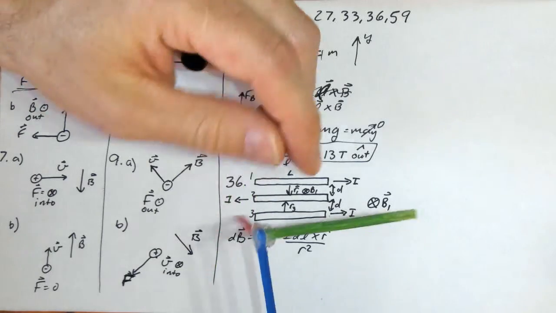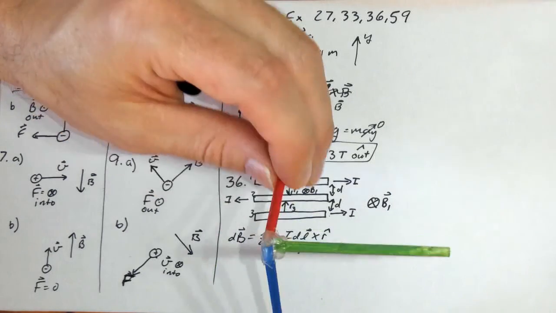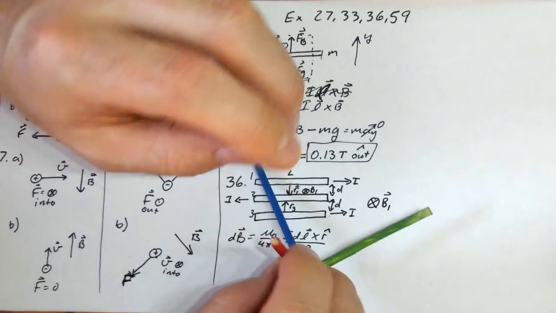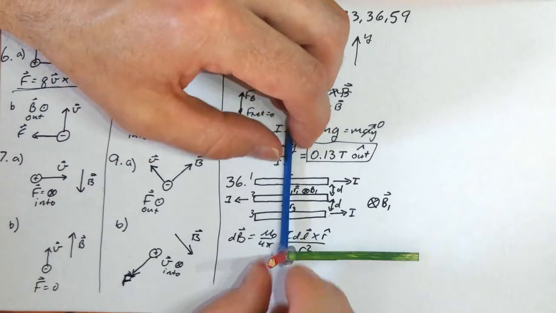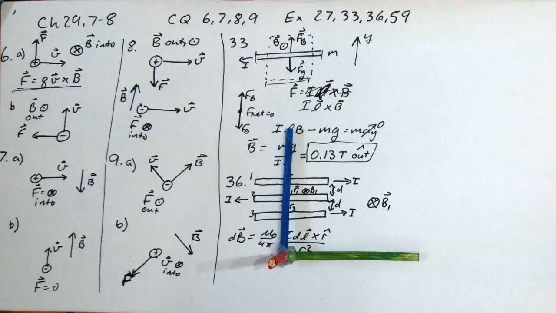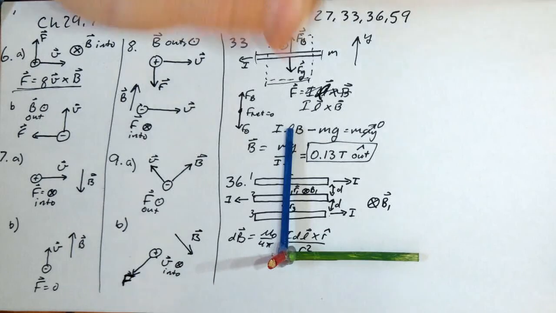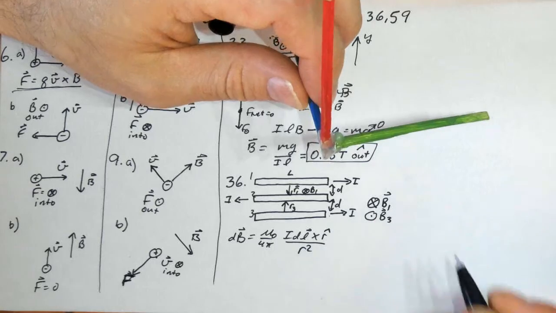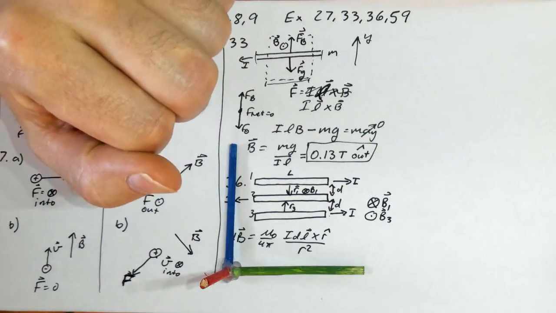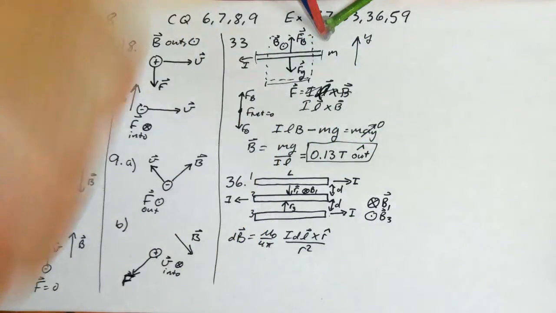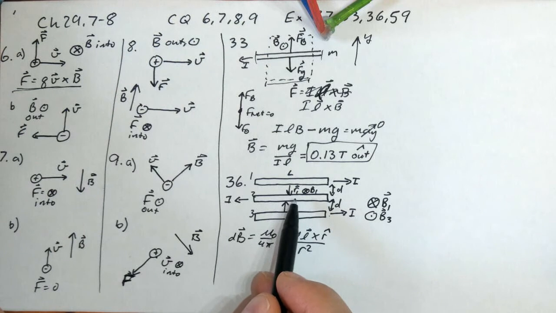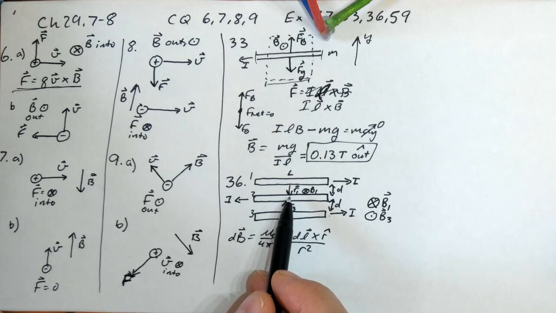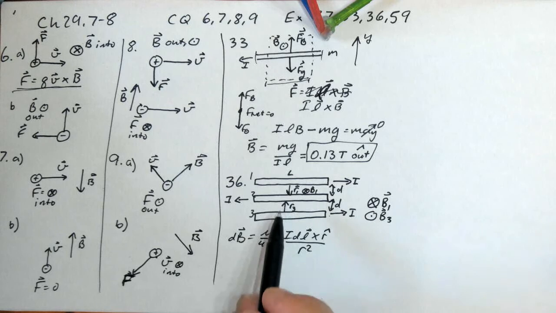We have current flowing this way. Blue is our R vector, points up, which means the magnetic field created by the third wire at the location of the second wire is out of the page. My red is pointing out. So B is out of the page from 3. So that's how we have calculated the magnetic field direction at the location of the second wire due to the other wires, the sources.